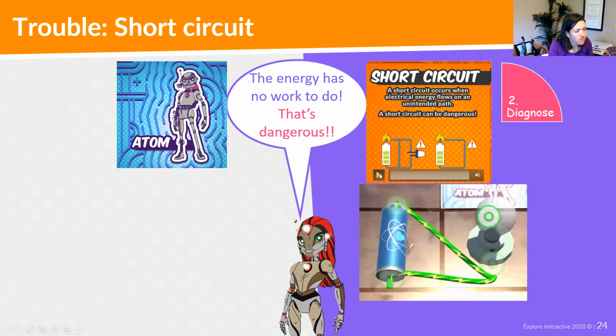And when they view it under their app, it'll look like this. So it'll show the energy getting cut off as soon as that second wire is added, or if that piece is removed, the energy is skipping that piece as well. So that is the example of the short circuit, which they have worked through in the previous lesson. And now they're looking for it as a source of problems in their circuits.